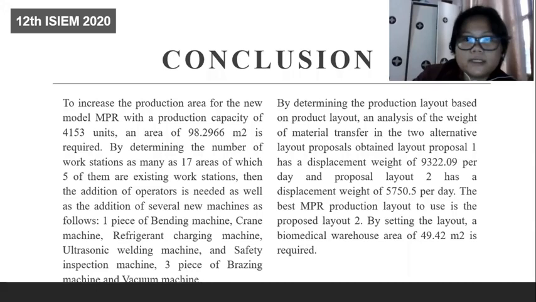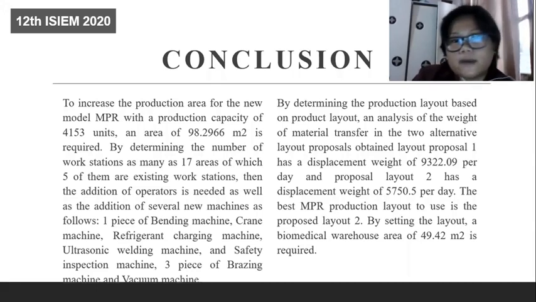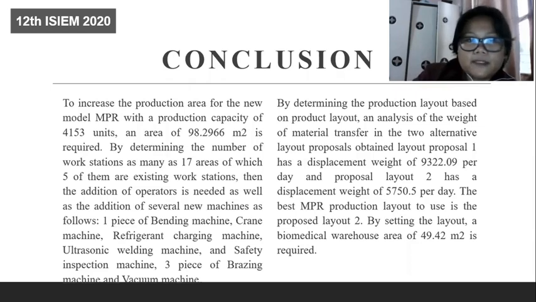So the conclusion is to increase the production area for the new model MPR with the required production capacity of 4,153 units, an area of 98 square meters, by determining the number of workstations as 17 areas, of which 5 are existing workstations.